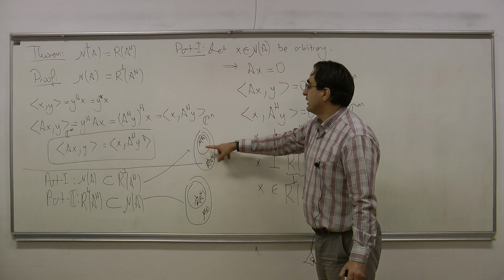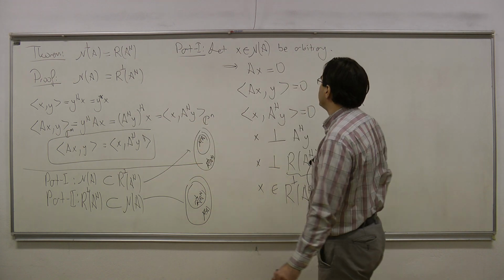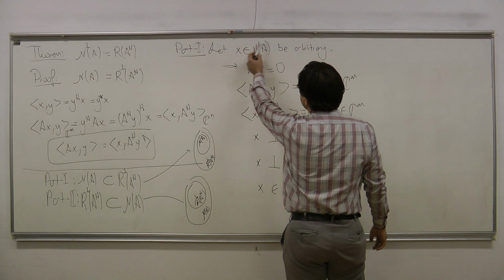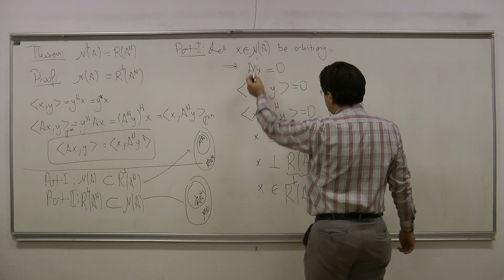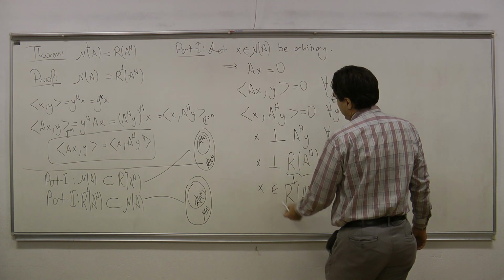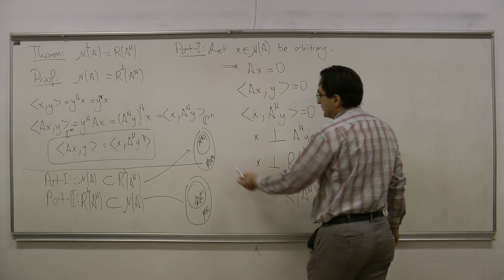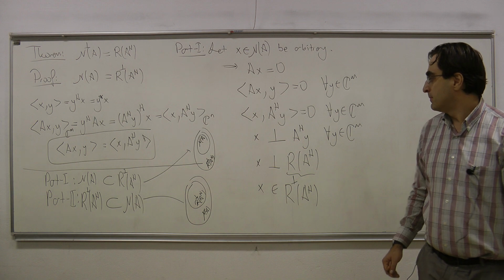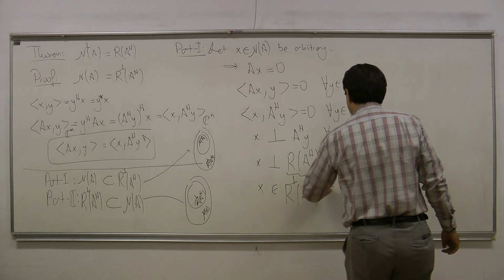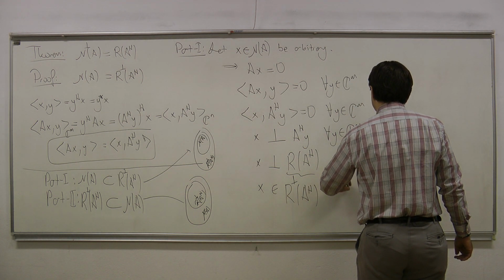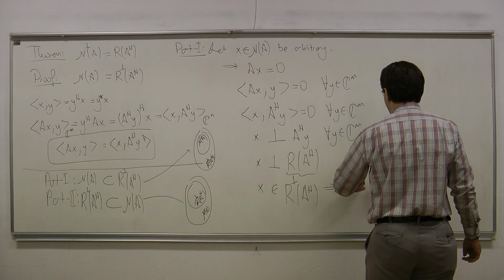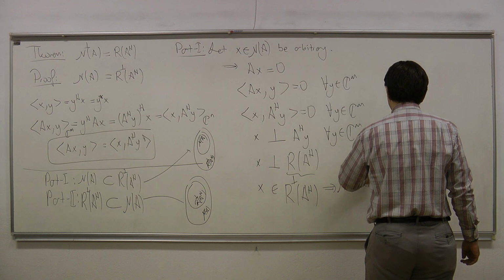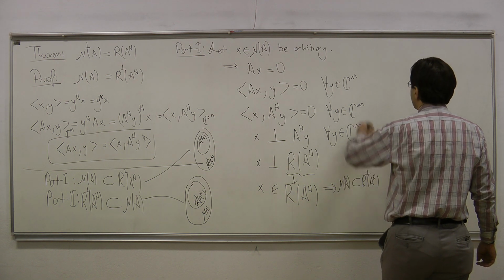So here I have showed this subset relationship. If any vector in null space of A is an element of range space of A Hermitian orthogonal complement, then I should have this type of picture. All right? So this completes the proof. That means that null space of A is a subset of range space of A Hermitian orthogonal complement.